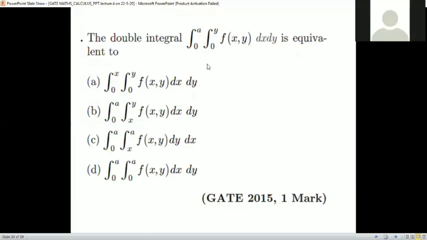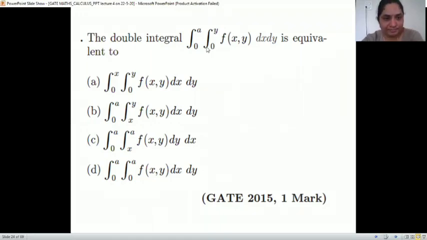Option C? Yes, you are correct. I'm asking, these are limits of x, so we have to draw a strip parallel to what? Is it a vertical strip or horizontal strip?